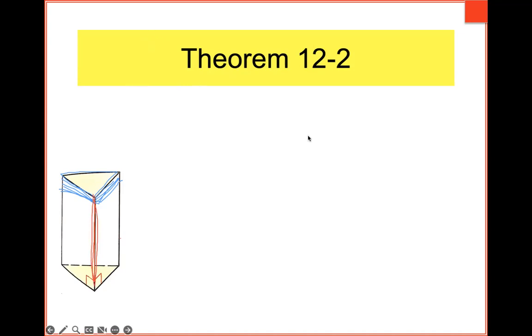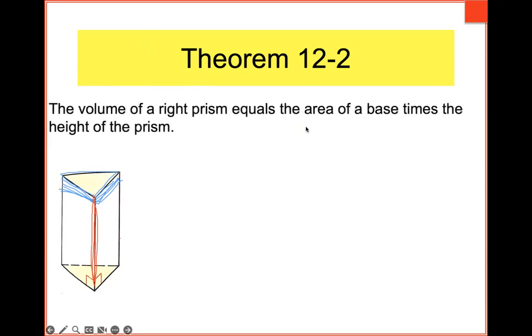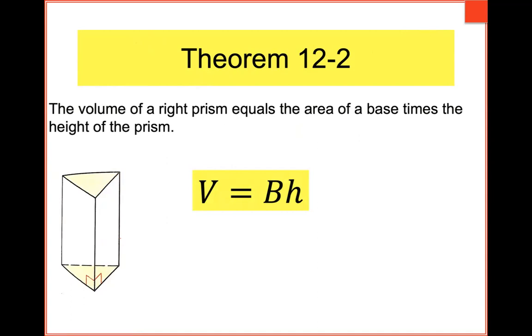So the formula, therefore, would be the area of one of those pizza slices times how many pizza slices there are, and that's the distance between top and bottom. So this is the general formula for all prisms: V for volume is equal to capital B. Remember, capital B is the base area.